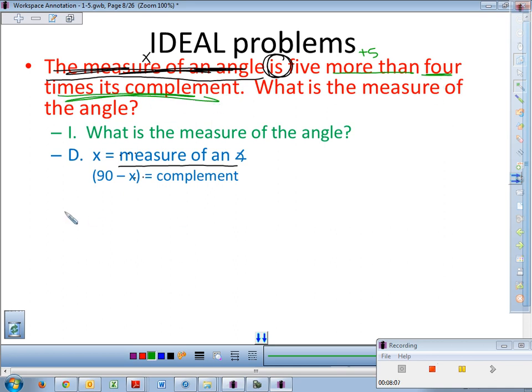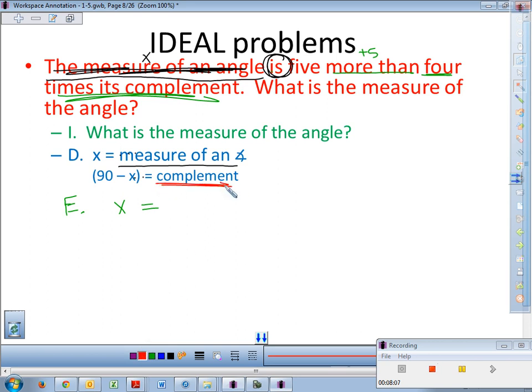So here's what I got so far for our equation. Let's kind of start our equation. Reading from left to right, didn't we start with x, right? The measure of the angle is, what does that translate to? Then we got 5 more than. We're going to save that for last. 4 times the complement. Do you know what the complement is? You sure do. Didn't we define it up here?